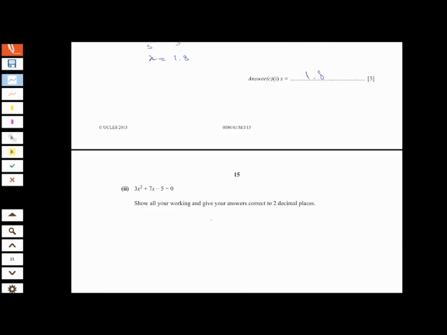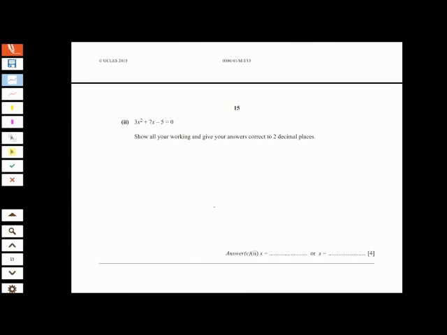Alright, for this question, show all your working. Correct to two decimal places, what they say, they give you a quadratic equation and they say correct to two decimal places. The first thing that should come to your mind is the quadratic formula, which is negative b plus or minus square root of b squared minus 4ac over 2a. So let's substitute the values.